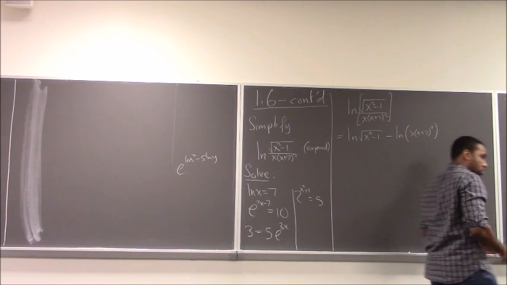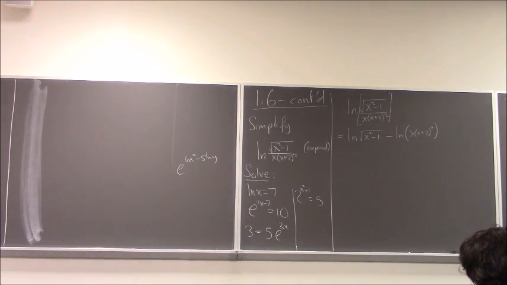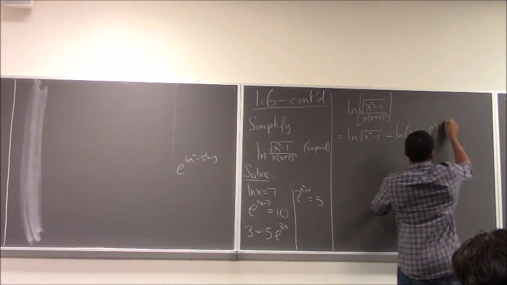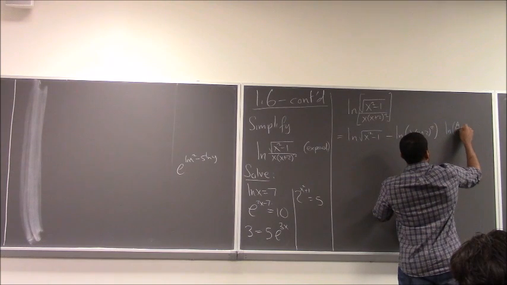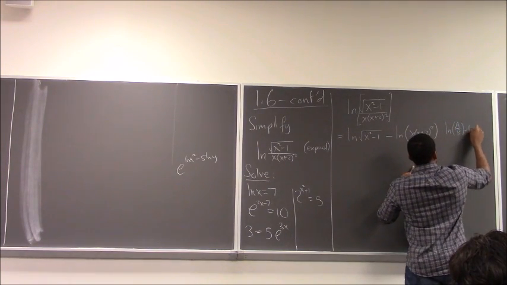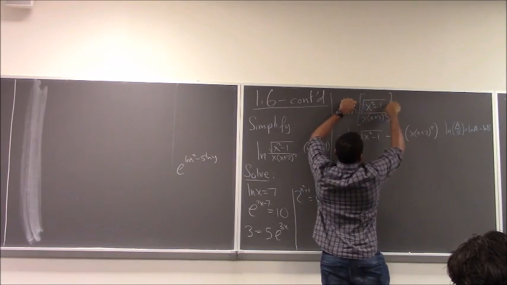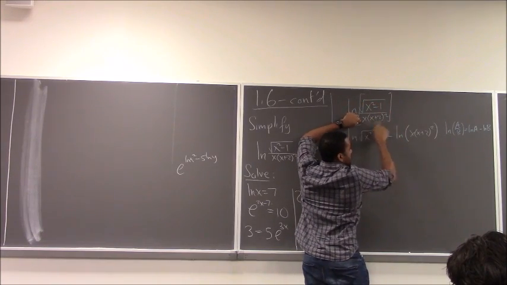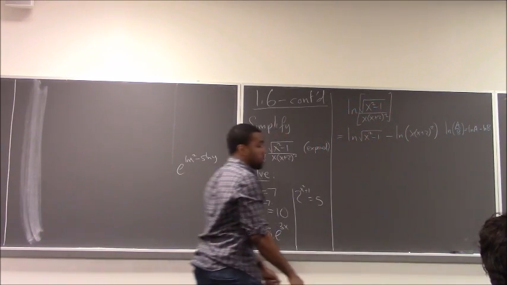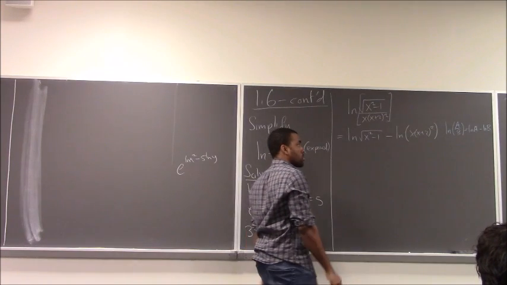Here we're using the fact that ln of a divided by b is ln of a minus ln of b, where a is this huge mess up here and b is the denominator down here, and we can split it up that way. What else could we do?